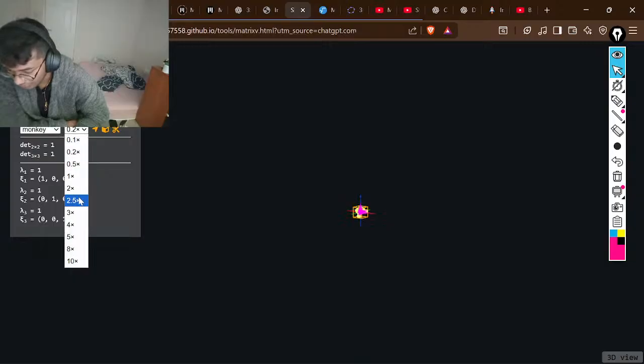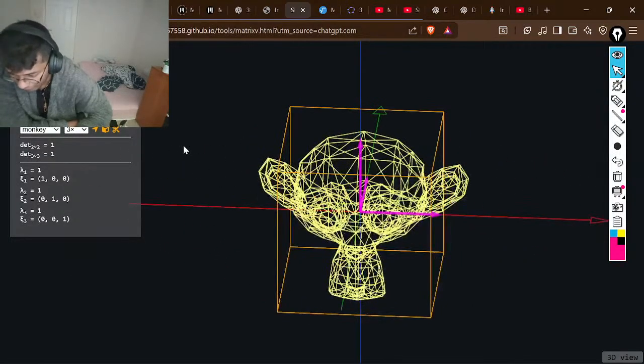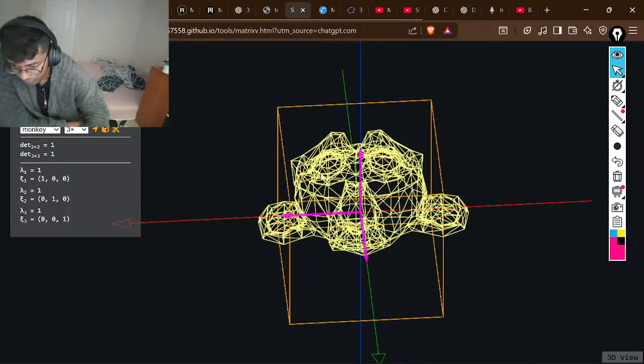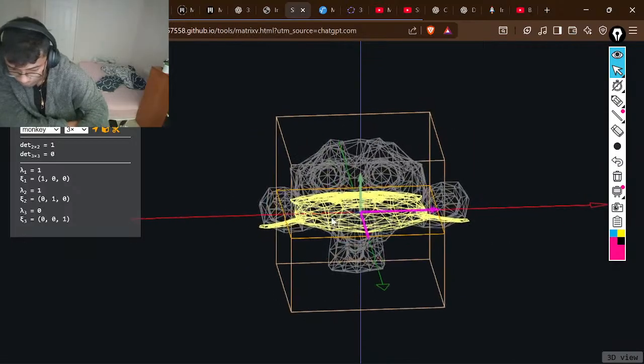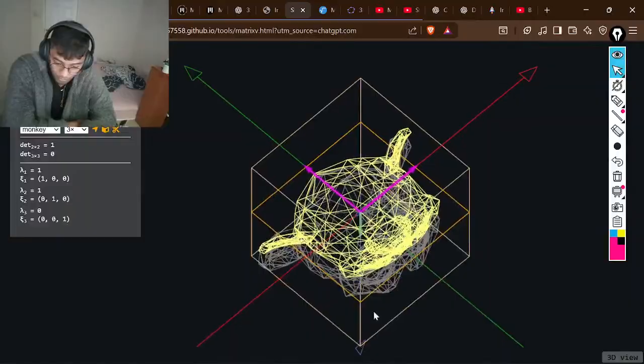Okay, I think this is just a scale. Okay, we have a 3x3 matrix. If I go... oh, look at that. My boy got squished.